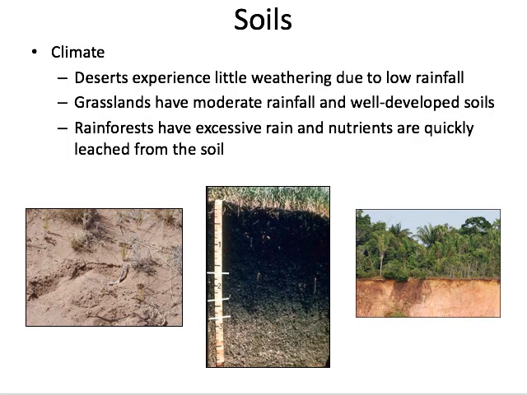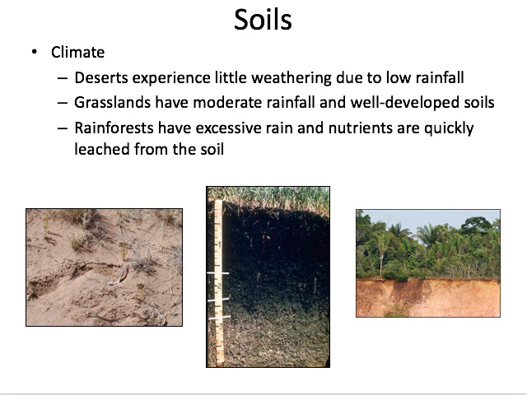Climate is the number one thing that shapes how soils form. Now, deserts, including the deserts of California, experience very little weathering due to low rainfall. Because of this, desert soils are very low in organic matter because of this low access to water. Grasslands have lots of moisture and therefore have layered root systems with a high availability of nutrients.